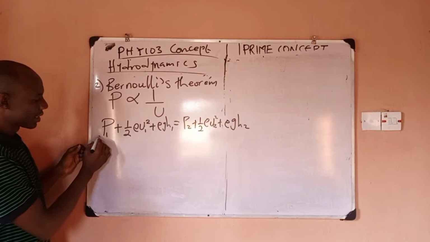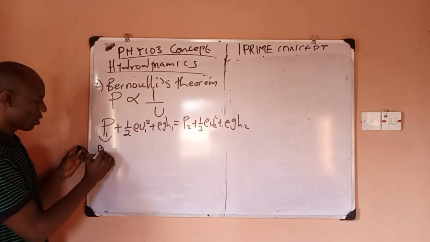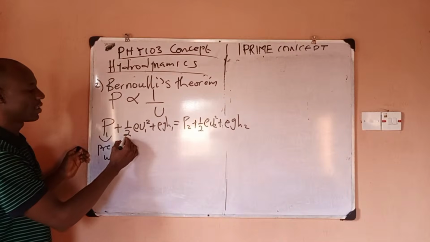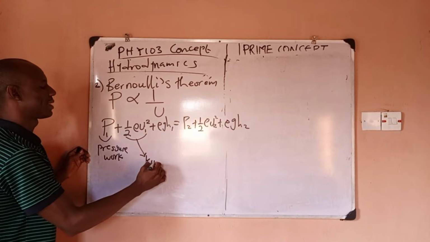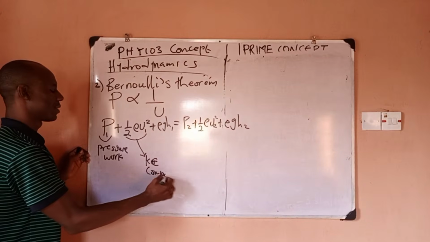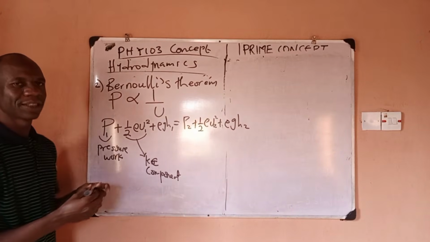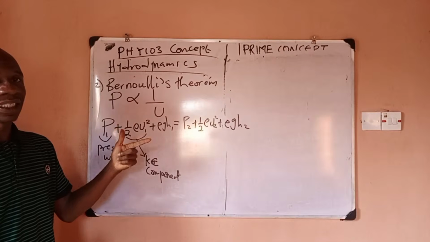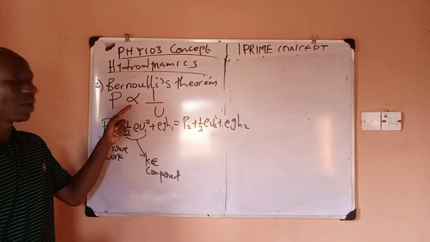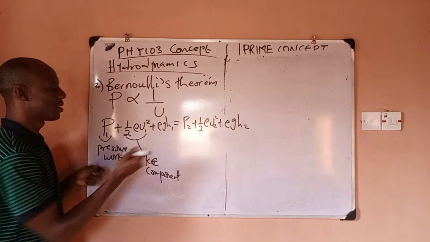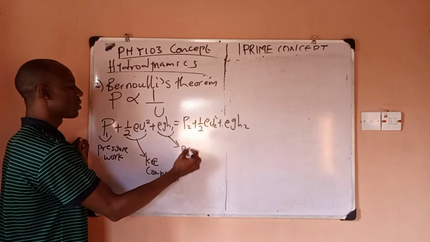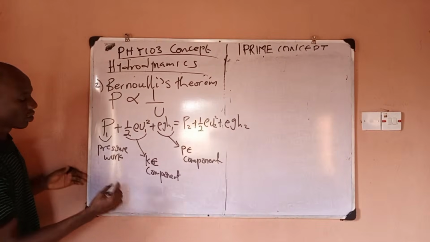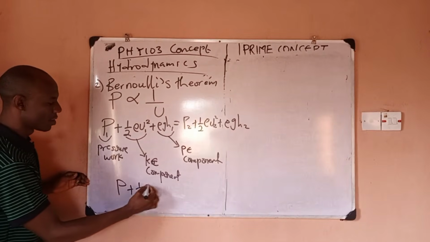The P here is what you call pressure work, because this is the law of conservation of energy. This one is your kinetic energy component. So you can remember it with half mv squared, because all they did here was to convert mass to density, the volume cancels out, and you have half rho u1 squared. So it's actually kinetic energy component, while this part is the potential energy component.